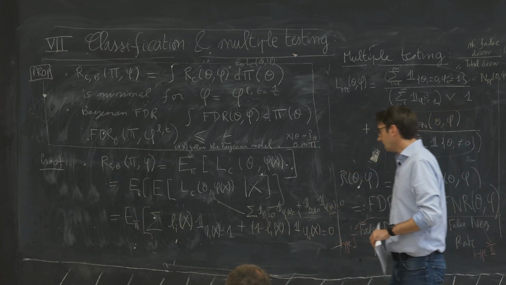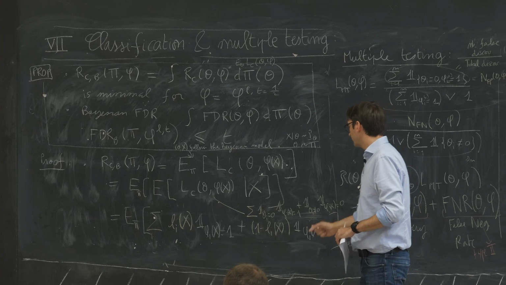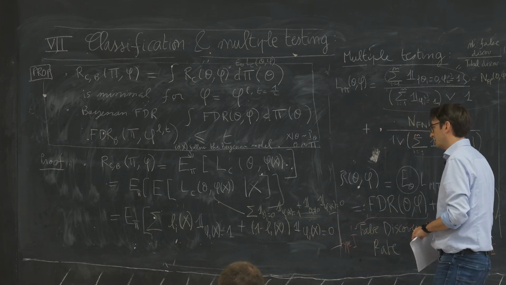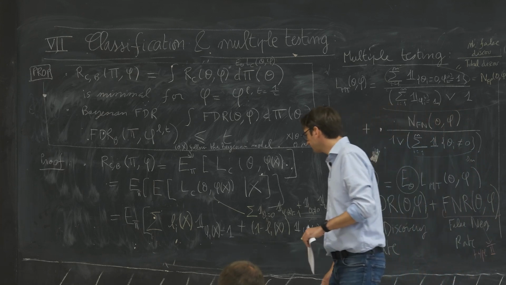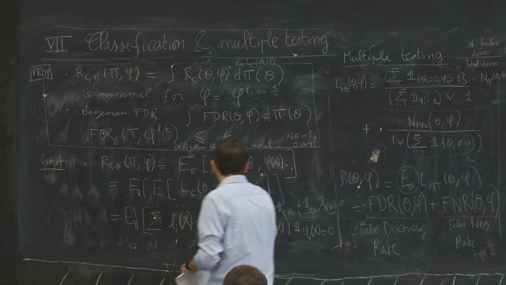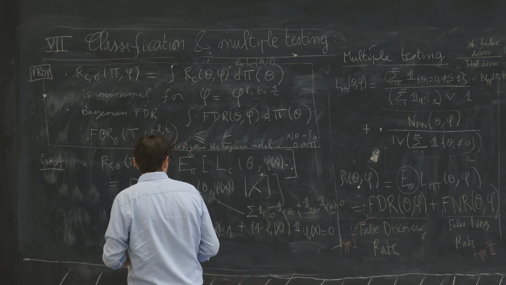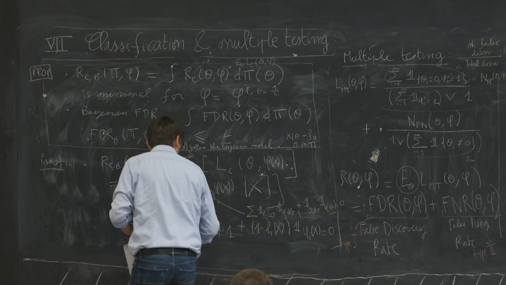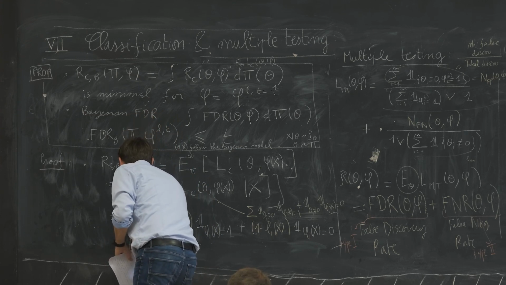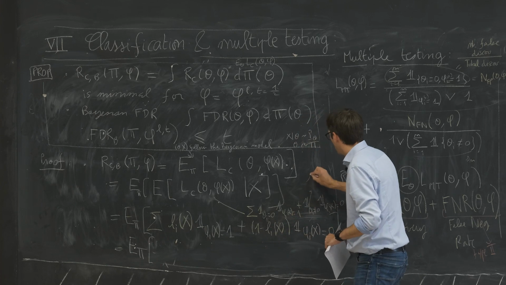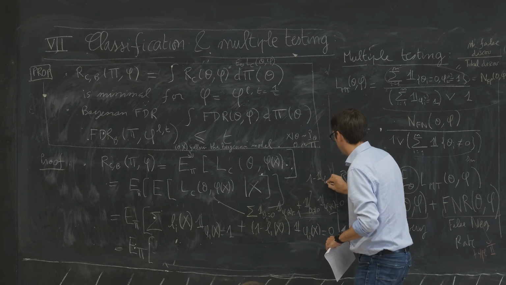If I rewrite this in terms of the indicator that phi_i is 1, I can just factor L_i. I just write this indicator as 1 minus the indicator that phi_i of x is 1.